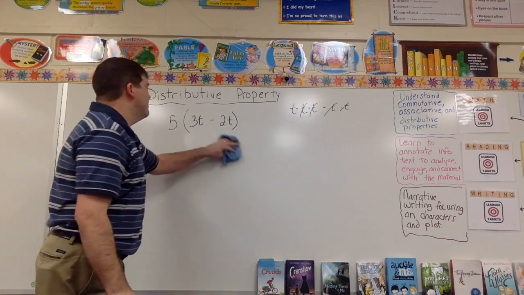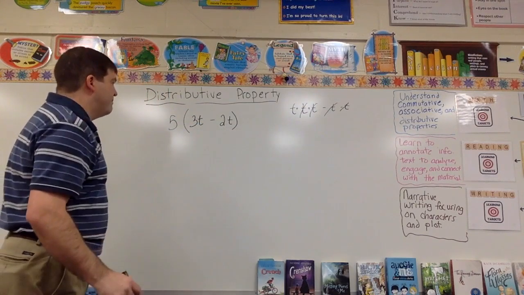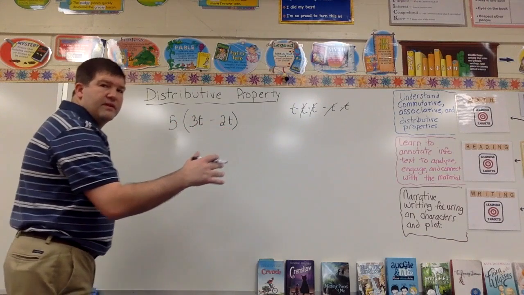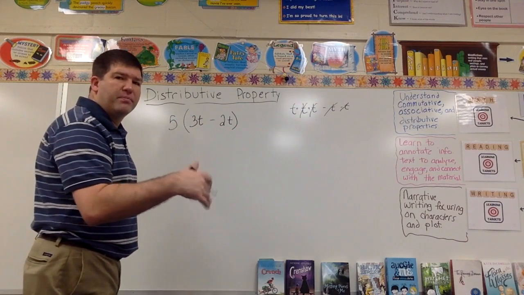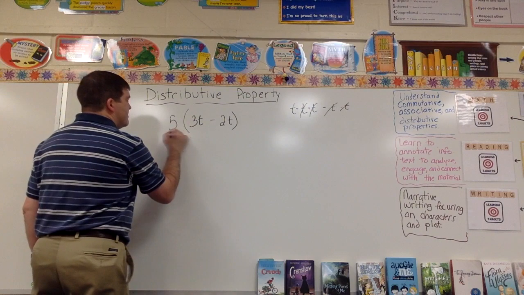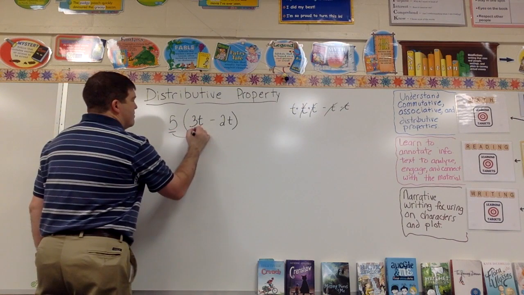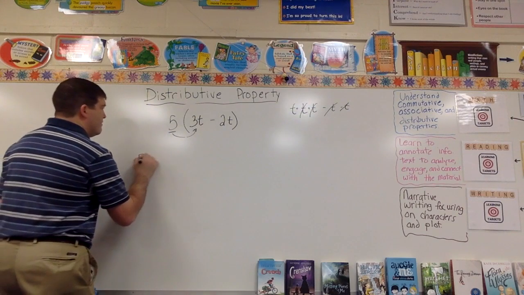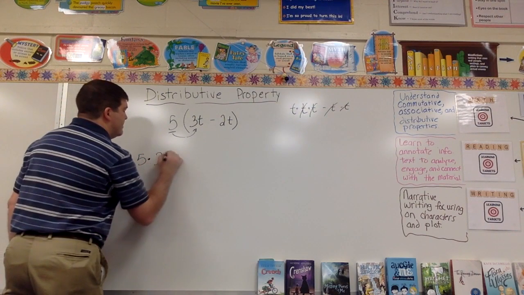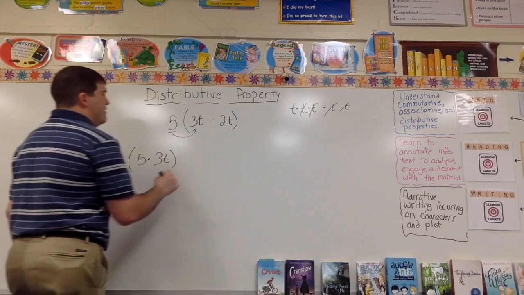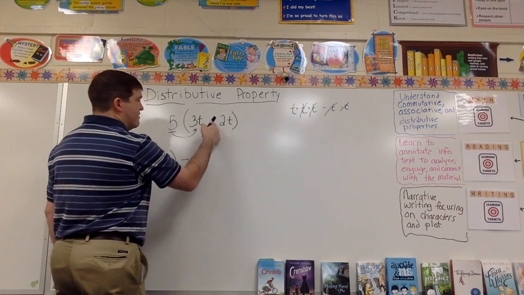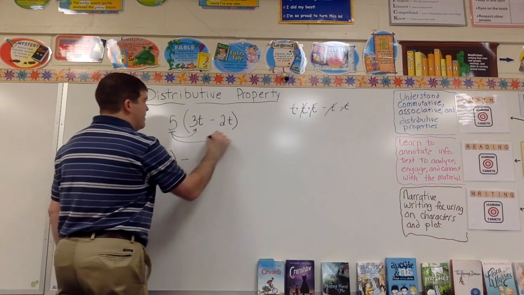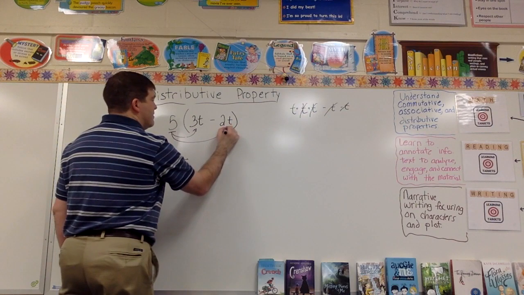Now I could also do this in the distributive property. So I'm going to take this, go this way, and then, well, let's do that first. So 5 times 3t, and then I'm going to subtract because it's subtraction, and then I go over here and I have to distribute it to this one.